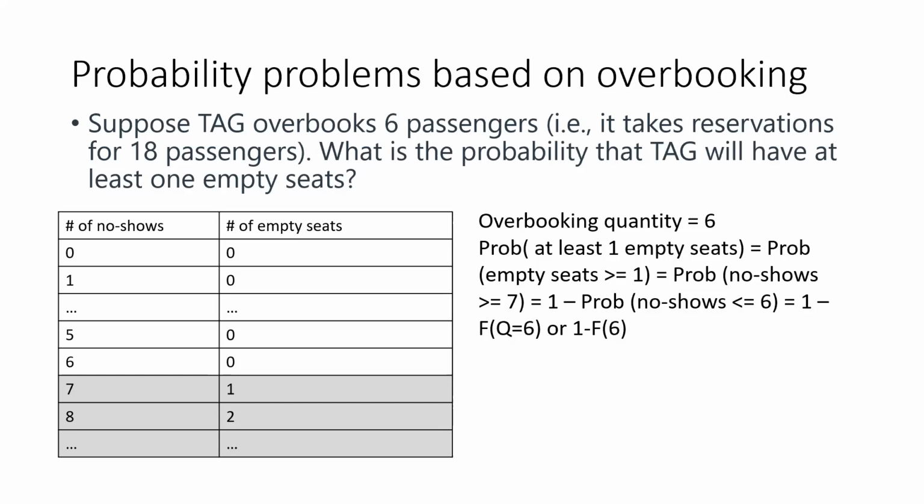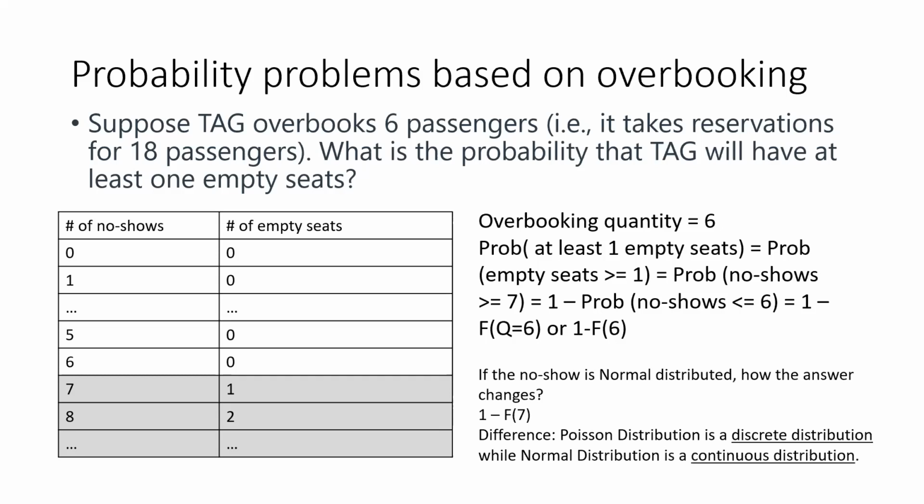So you have to go one step down. If you find no-shows greater than or equal to 7, then you pick 1 minus, and when you pick 1 minus, you have to go 1 less, which means 1 minus the probability of no-shows less than or equal to 6.